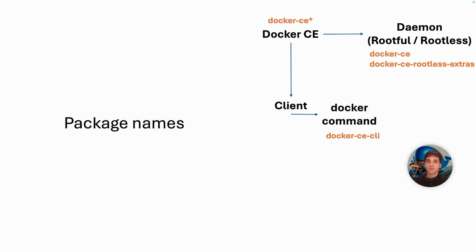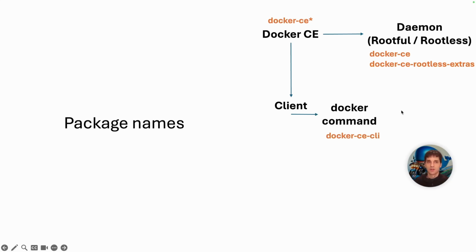And in that repository, all the packages have a prefix called docker-ce. And the docker-ce package itself will install the Docker daemon. And you can also have a docker-ce-rootless-extras package, which will install scripts that you can use to run a rootless Docker. And there is a docker-ce-cli package, which is for the docker command.